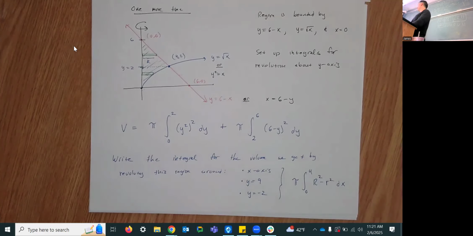It just depends on which one you do, because it will make your radii different. But I would be very, very surprised if you were not asked to do at least something like this on an exam, to rotate around an atypical, non-standard axis, which isn't just the y-axis or the x-axis.